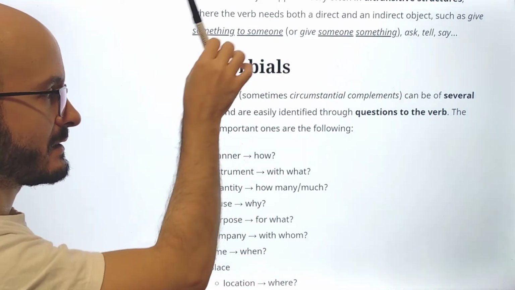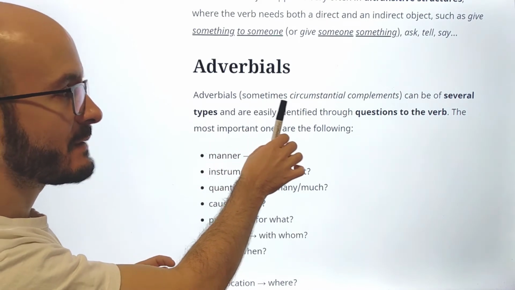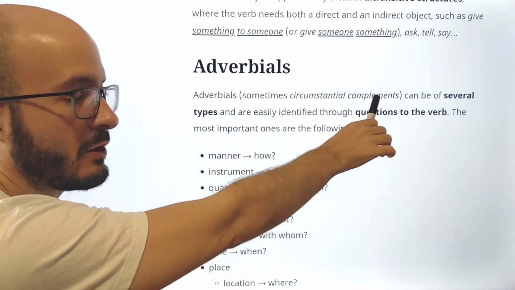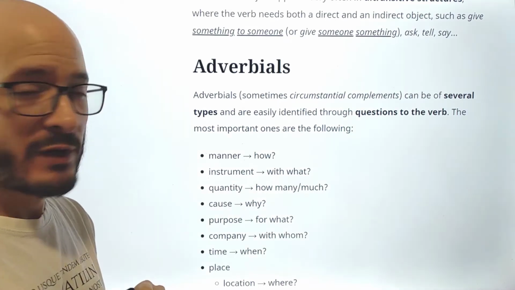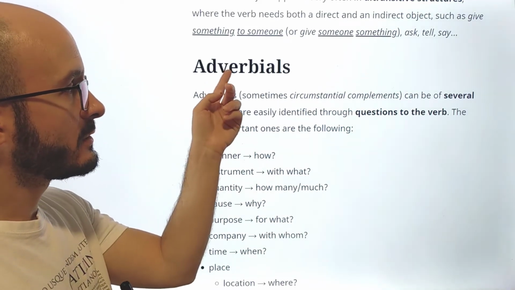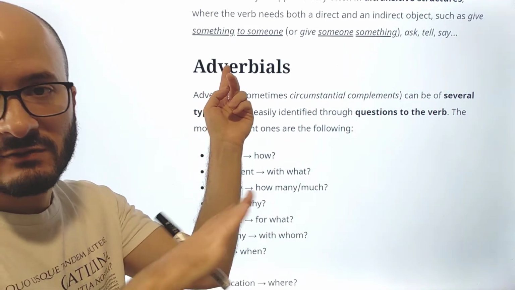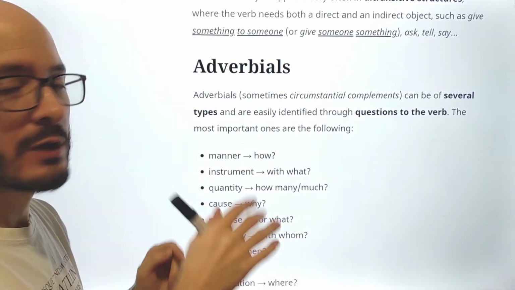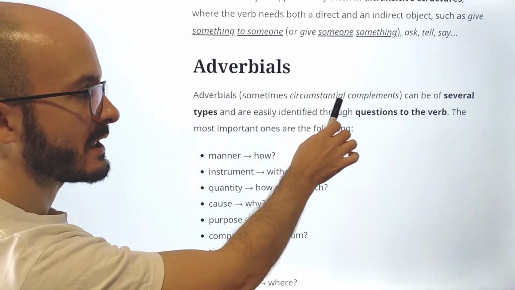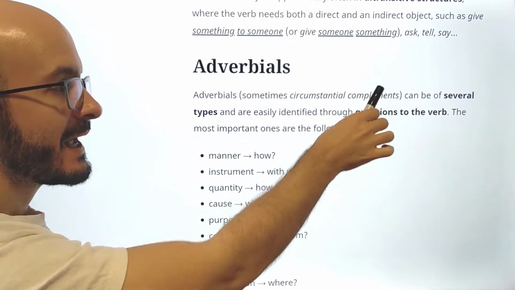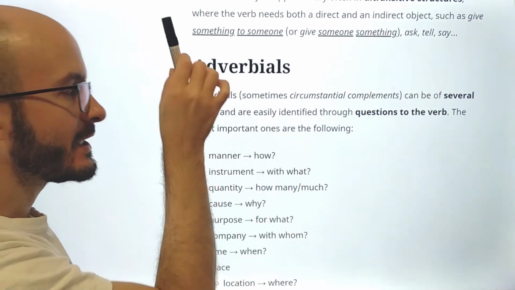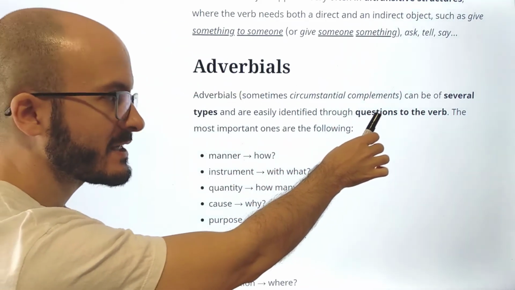Now, adverbials. Adverbials are sometimes called circumstantial complements. As far as I know, in English it's much more frequent to call them just adverbials, but you can also find them as circumstantial complements. They can be of several types and are easily identified through questions to the verb.